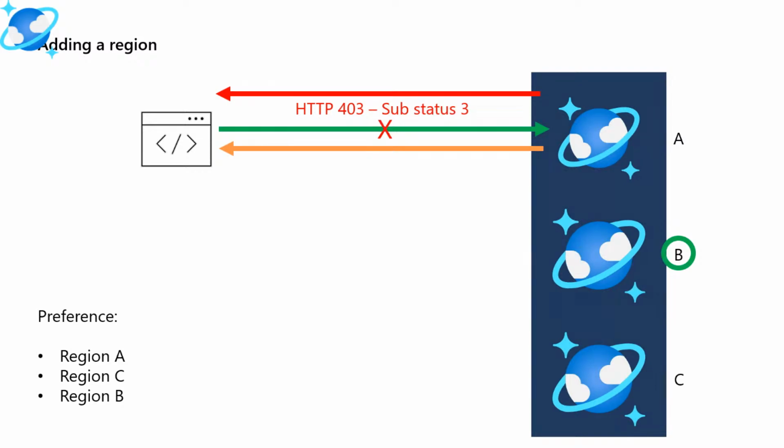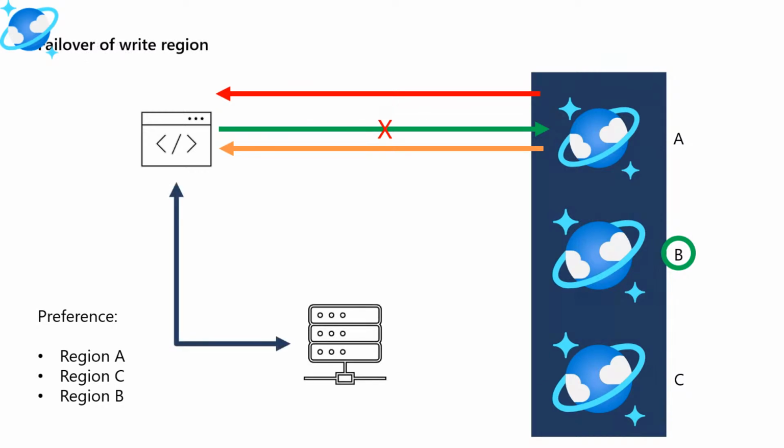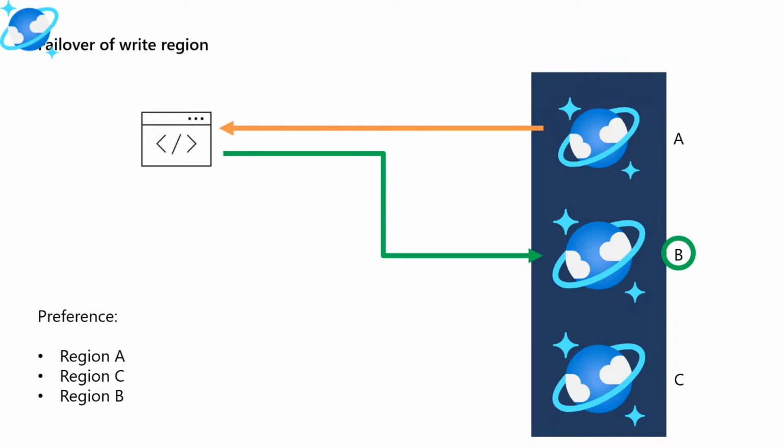Now what happens is once that process completes, when the SDK tries to perform a write on region A, the backend will return an error saying HTTP 403 substatus 3, which the SDK will understand as this region that you are contacting, while it is a valid region, cannot serve write requests. So what the SDK will do is it will, again, contact the gateway, discover which is the new write endpoint, and redirect that write request to the new write endpoint.